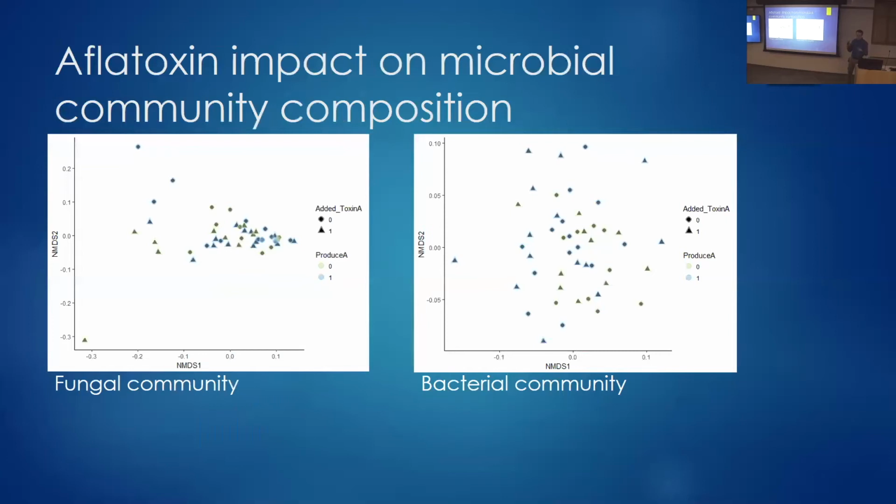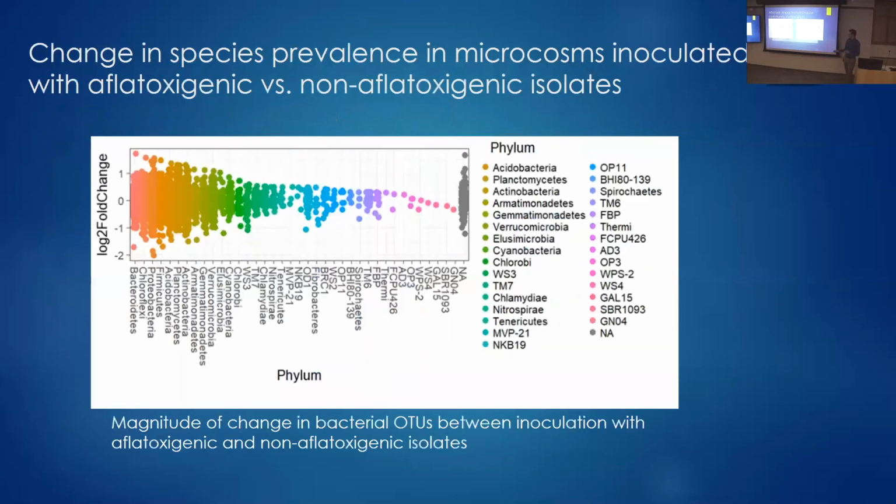Now remember, we had a specific idea that maybe Bacillus would be the answer to our questions of why aflatoxin might confer a benefit, which it doesn't, in soil environments. So this is demonstrating the log base 2-fold change. These are actually small changes across all of the different phyla of bacteria that we found.